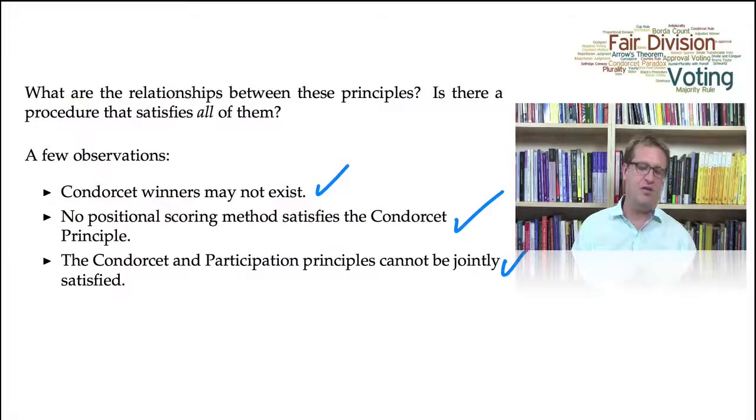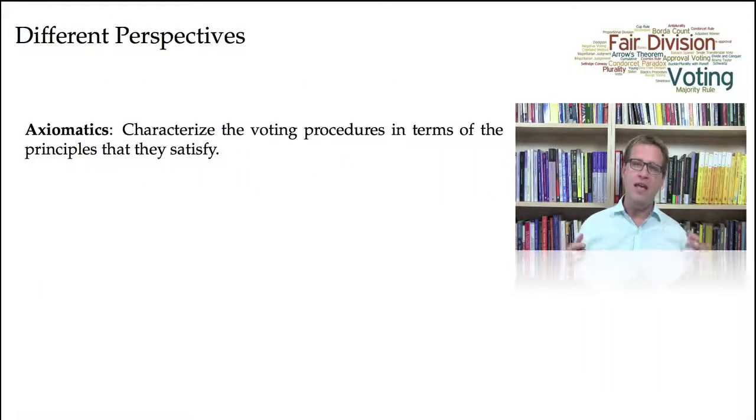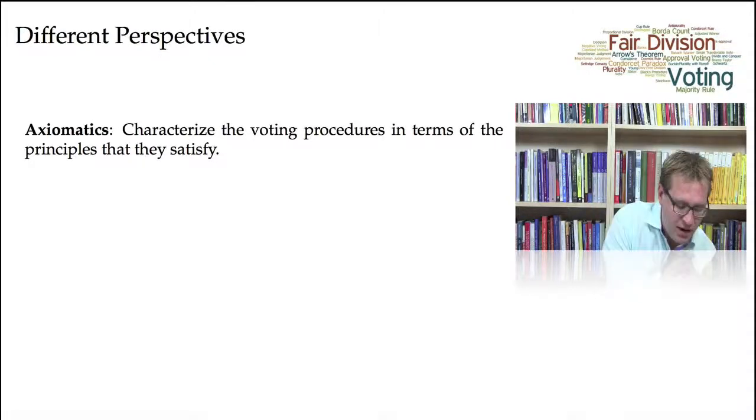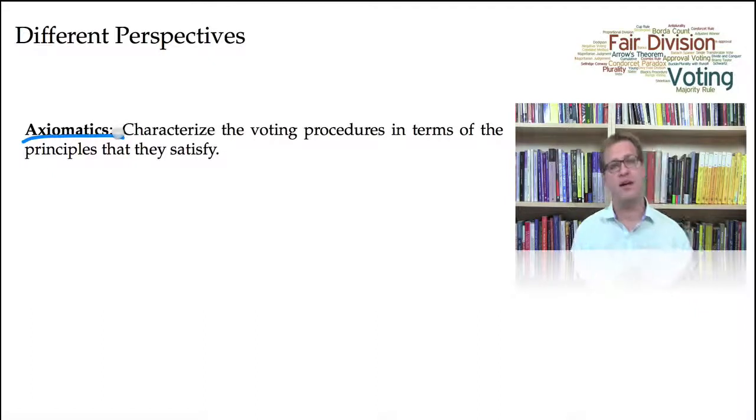But what I'm really interested in now is how can we characterize and classify the different voting methods that we've seen? There are different perspectives we could take. First of all, we can take what you might call an axiomatic perspective. The idea here is we use these principles that we've identified to characterize or uniquely identify certain classes of voting methods.